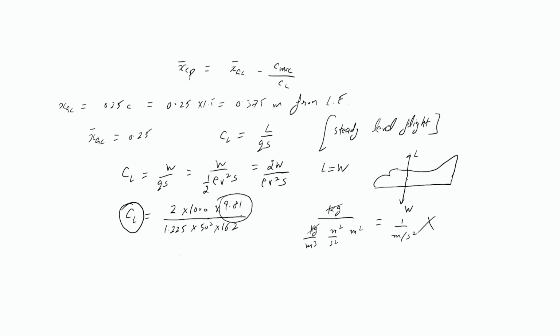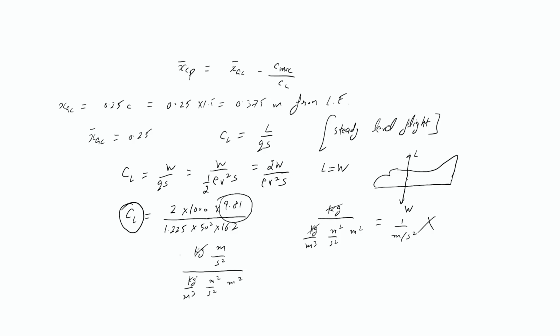Now let us see, if you convert it to weight, are we getting the CL dimensionless or not? Let us try again. So 1000 kgs, you multiply by 9.81, you will get meters per second square. In the denominator, density is kilogram per meter cube, velocity is meters per second so meters square per second square, and the area is meters square.